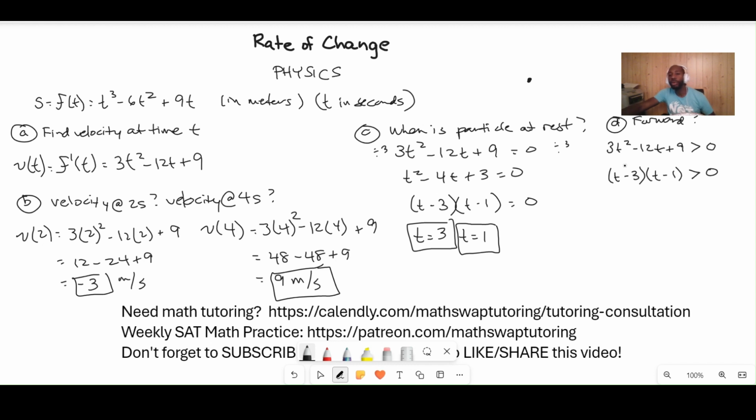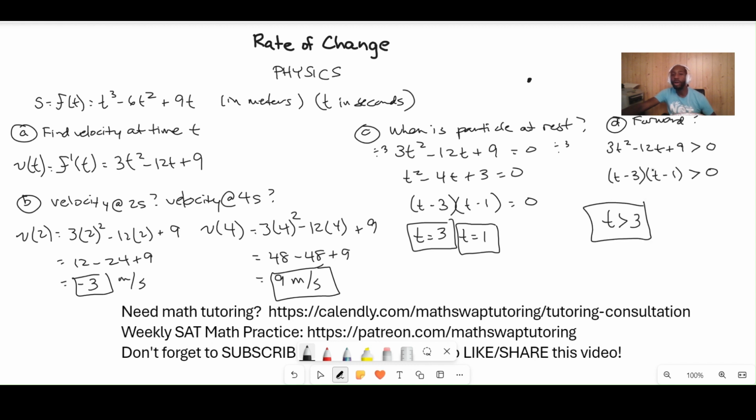If we plug in 3 here, obviously this all goes to 0. If you plug in 4, 4 minus 3 is 1, 4 minus 1 is 3. And then what you see is for t greater than 3, this is going to be true, because you have to make sure you plug it into both of these and make sure it turns out right. So t greater than 3 is one of the solutions.